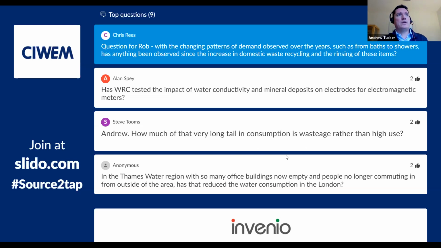And it shows that whilst I'm not going to try and pin something directly on the waste recycling and the rinsing thing, we know very accurately, when you average it out, what proportion of household usage goes to toilets and showers and baths. Baths and showers is the largest chunk now, but the biggest variable you're seeing is taps. A shower has one use, a toilet has one use, taps will have 10, 15 different uses.